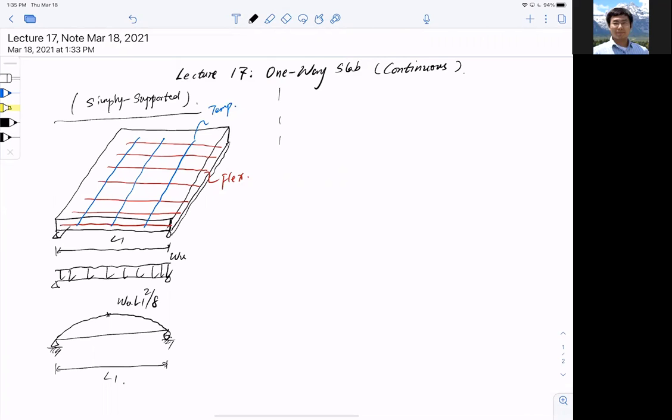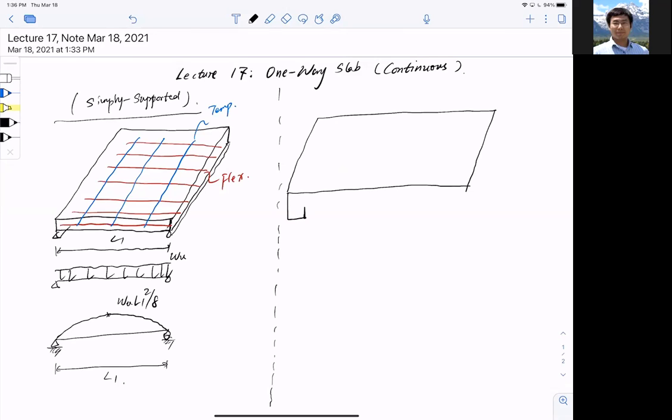If we switch to different scenarios, in most cases it's not that simple. Matter of fact, it's more complicated than this. We have drawn a similar diagram before, and it looks just like this. I have an integrated spandrel beam at the end, a beam underneath it, and then an L shape again like that, and this is the slab.